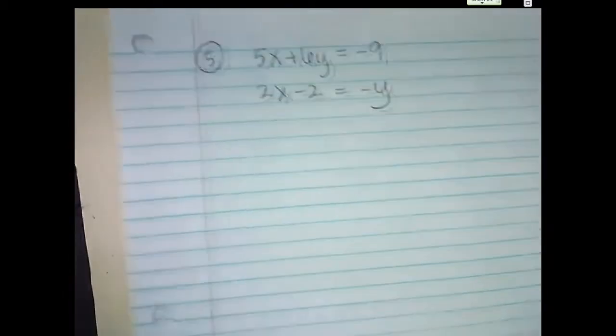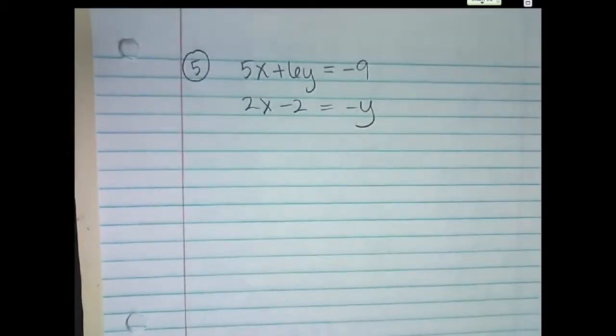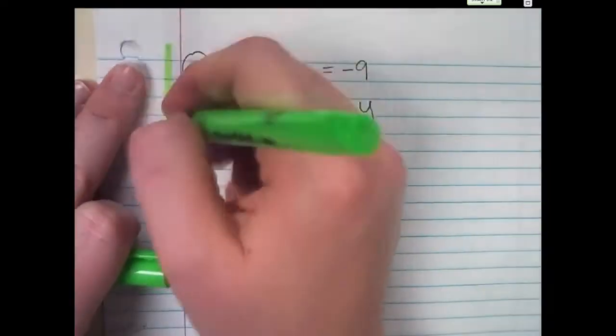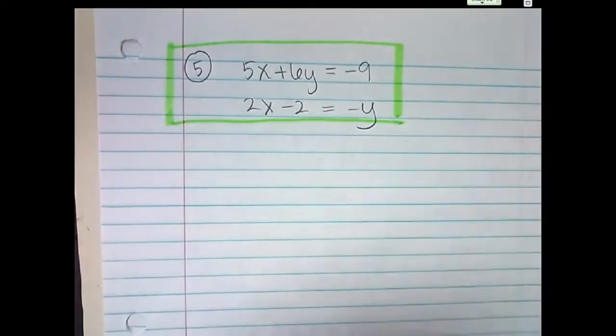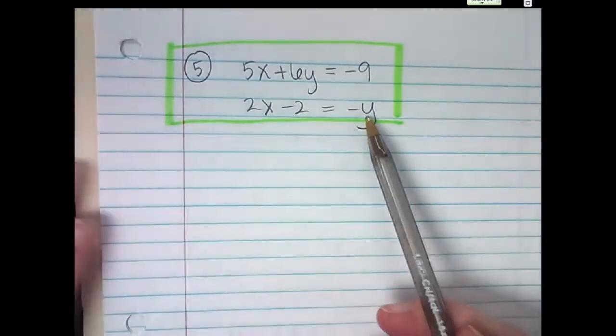This is a little bit different just because it's in a different order. Like flip it if you want. You can, yeah. So I like the y on the left. It doesn't matter though. If you want to leave it on the right, it's okay.